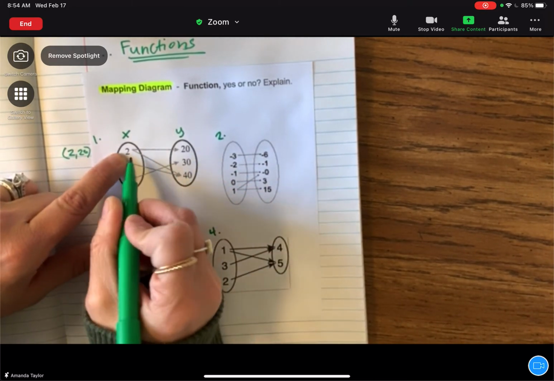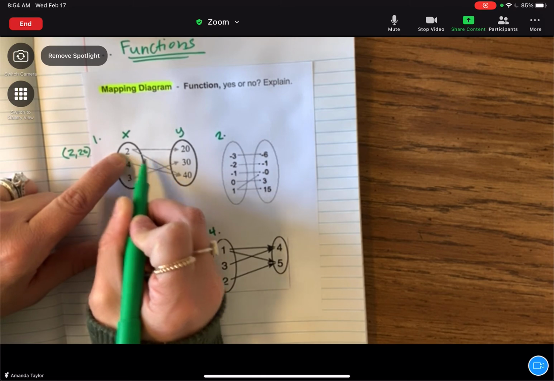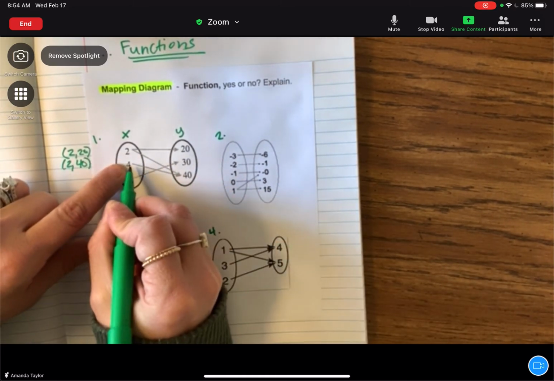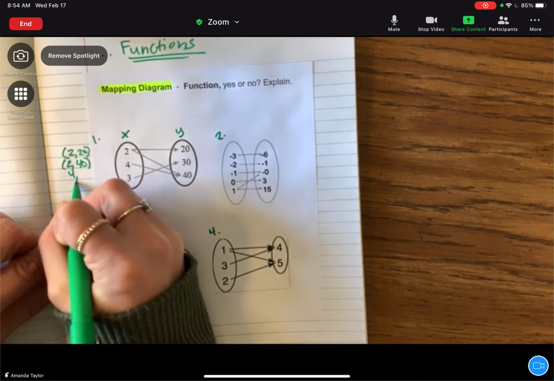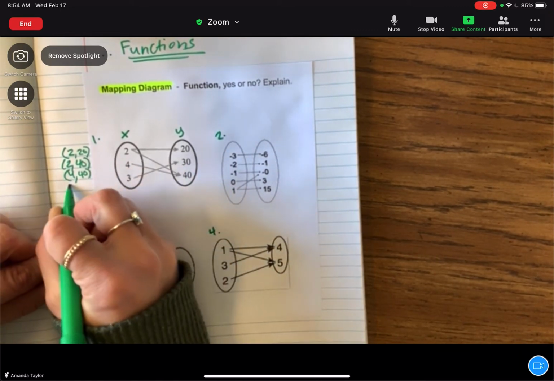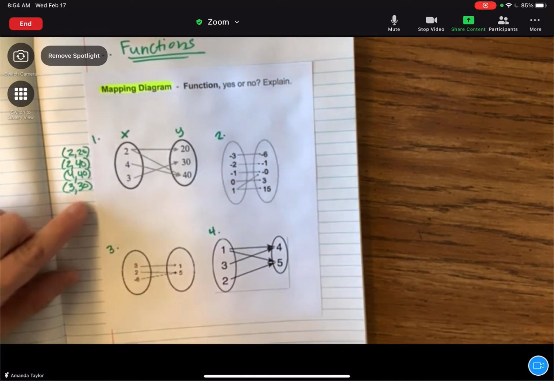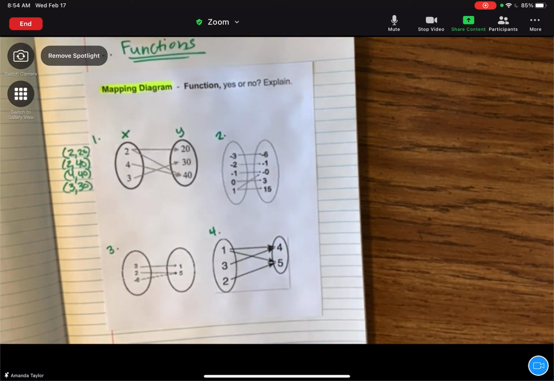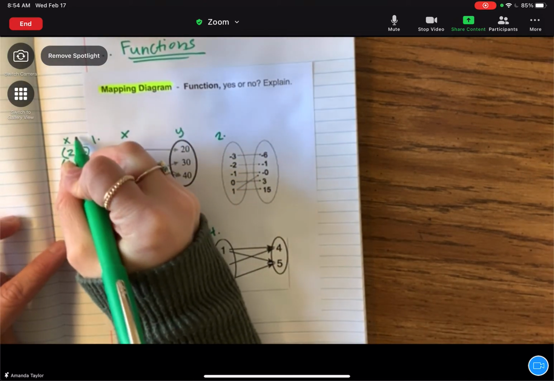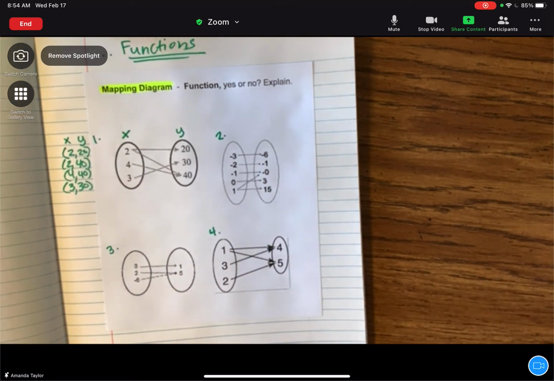I also have an arrow from 2 to what? 40. So I'm looking at (2, 40), and then (4, 40), and then (3, 30). So that might be helpful on a mapping diagram, to list the points out, and then you're looking at x and y. So you're kind of making a table.